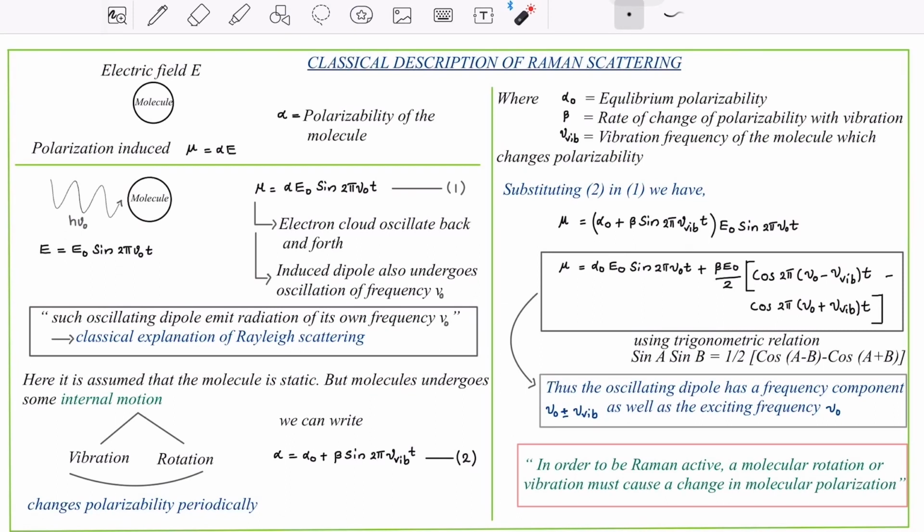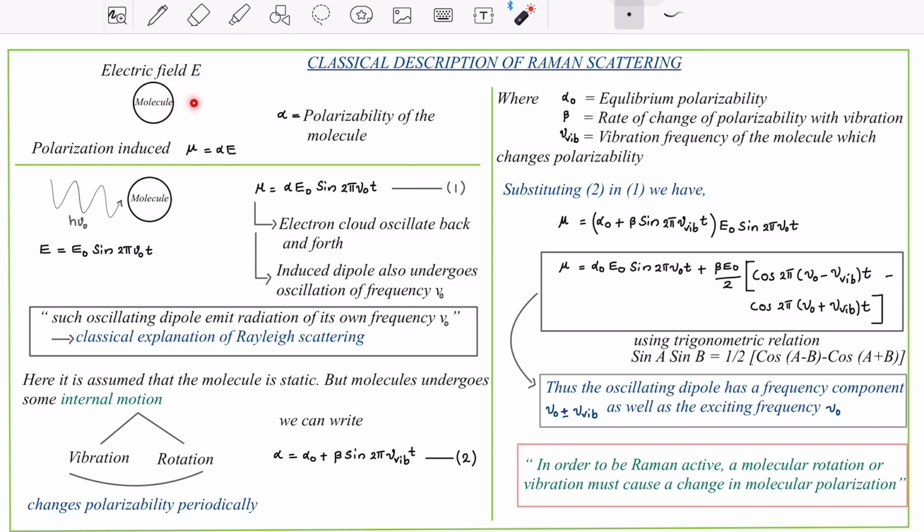The next topic is classical description of Raman scattering. Consider a molecule which is placed in an electric field E. Then this electric field will distort the electronic structure and polarize the molecule.